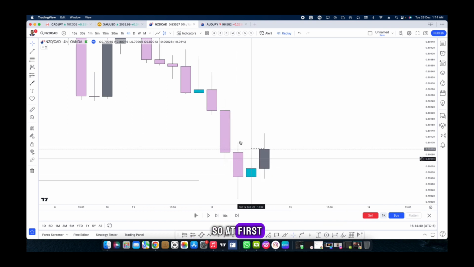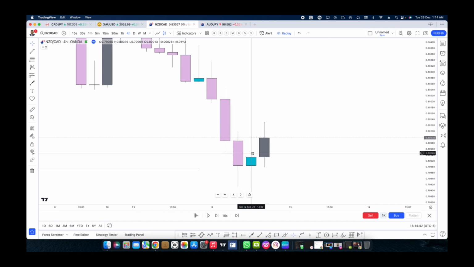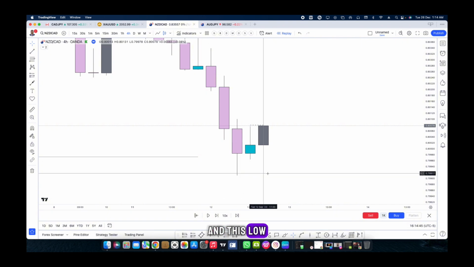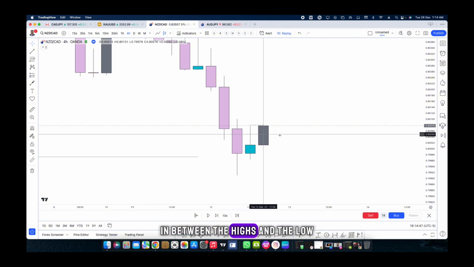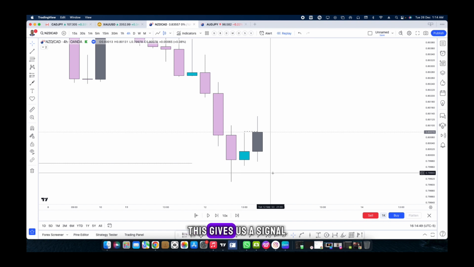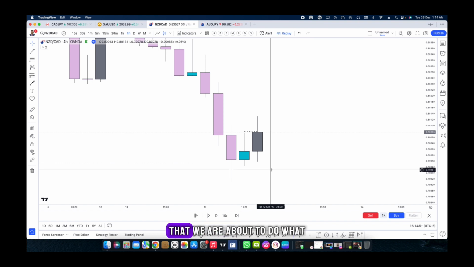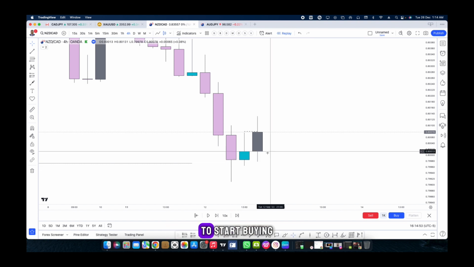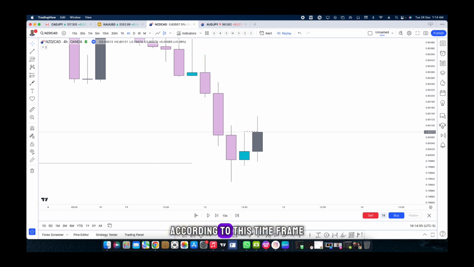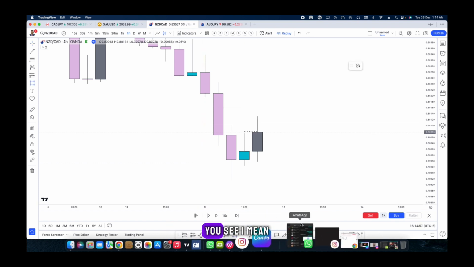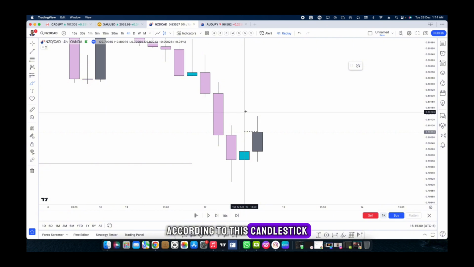So at first, we have a range between these highs and this low. After we have a range between the high and the low, this gives us a signal that we are about to start buying according to this time frame you're seeing, according to this candlestick.